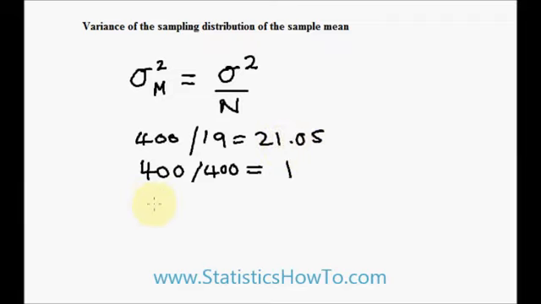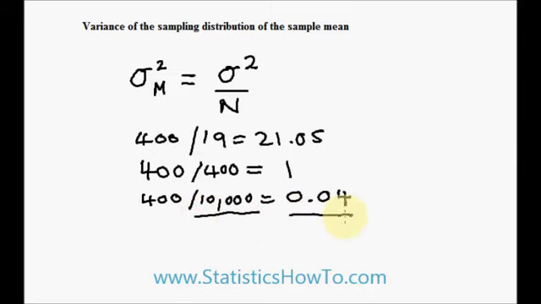If we went all the way up to, say, 10,000, so now we've got 400 divided by 10,000, our variance is going to be 0.04. In other words, if we draw 10,000 samples, our variance is small and our sample mean is going to be extremely close to the actual mean for the population.